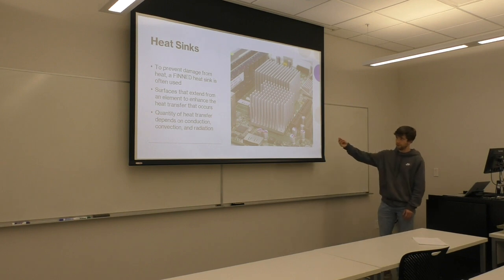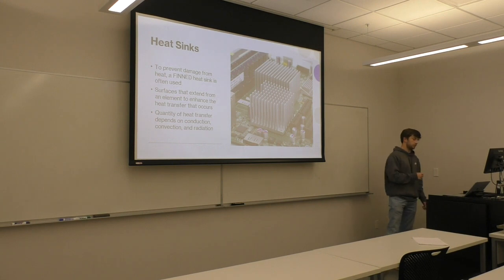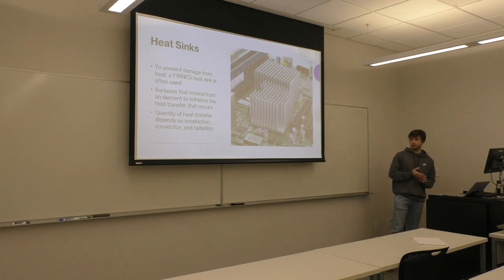It's these surfaces that extend from the element, and the quantity of heat transfer depends on the three forms of heat transfer, which are conduction, convection, and radiation. It's mostly conduction and convection. I haven't learned a whole lot about radiation, some basic equations, but mostly conduction and convection.